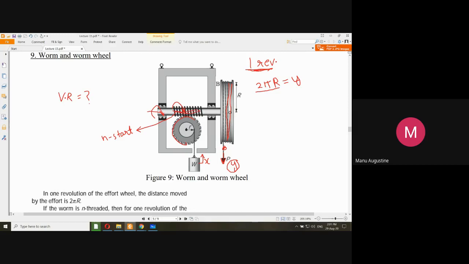Now, if I have an n start worm, then n number of teeth on this gear will move together. So for the sake of convenience, let us say it is a three start worm. For a three start worm, one, two, three, all these three teeth will move together.